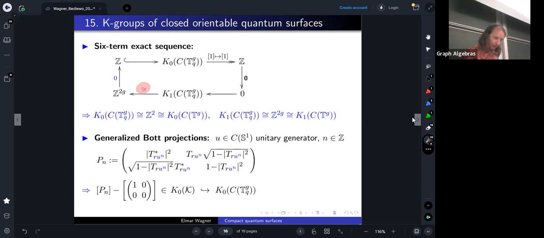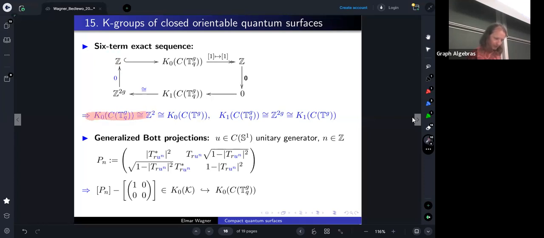We get here an isomorphism. So we know that K1 is the number of circles. And here we get an exact sequence, but that part is split because it's just one, we can map 1 to 1. And this remains as a direct summand.